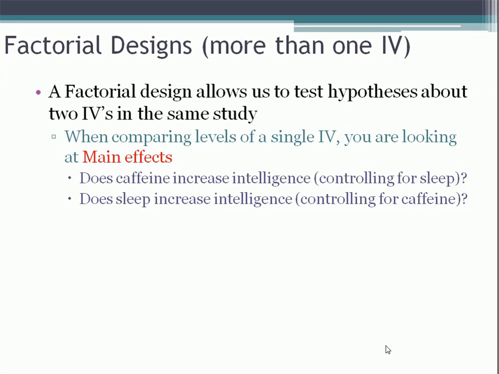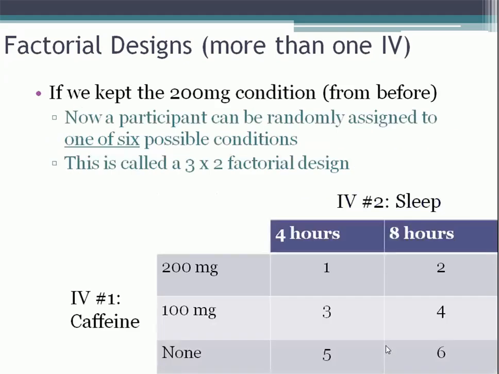And when I say controlling for sleep or controlling for caffeine, what I mean is if I do a comparison of the sleep conditions, let's say, so 4 hours and 8 hours, all of the people in the 4-hour group, all of the people in the 8-hour group. Well, in this example here, in the 3x2, for the people in the 4-hour group, some of them are in the 200 milligrams, some of them are in 100, and some of them are in none.